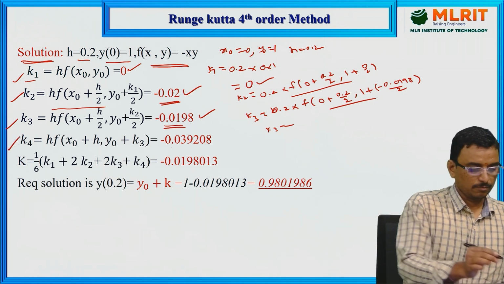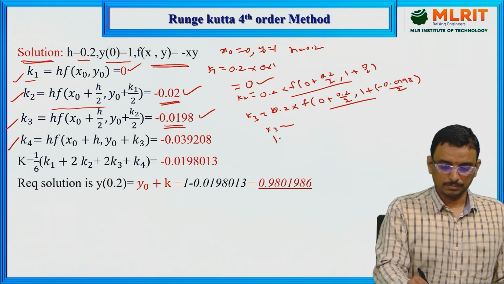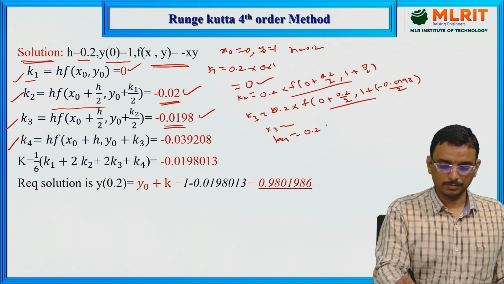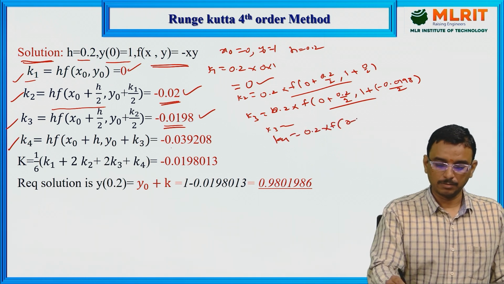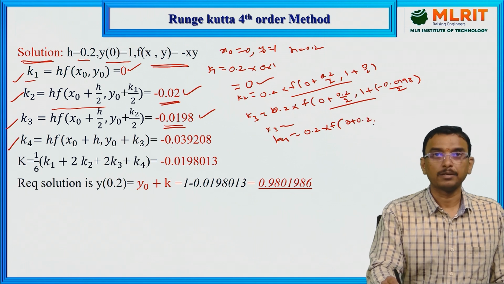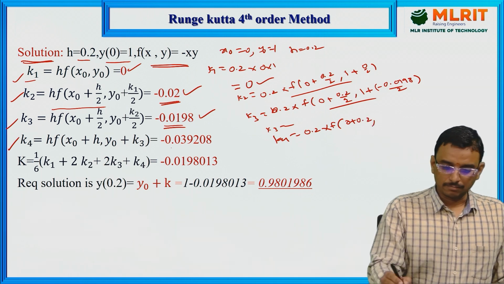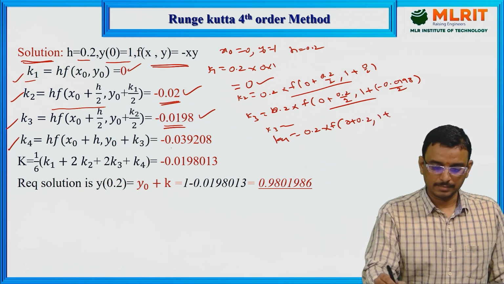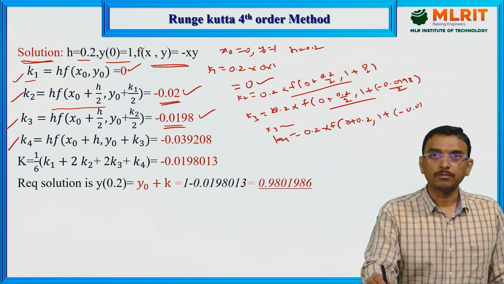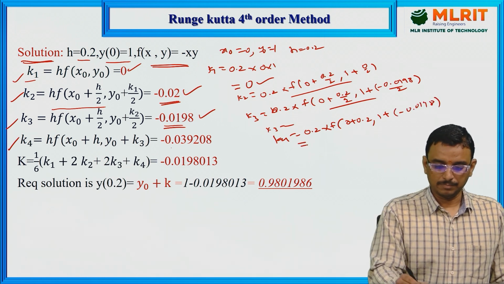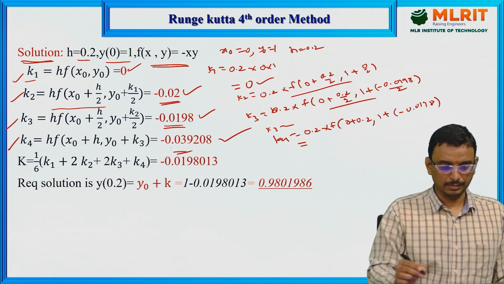Next, k4 is equal to h into f of x naught plus h, where x naught is 0 and h is 0.2, comma y naught plus k3, that is 1 plus minus 0.0198. By simplifying this, we get the k4 value here.